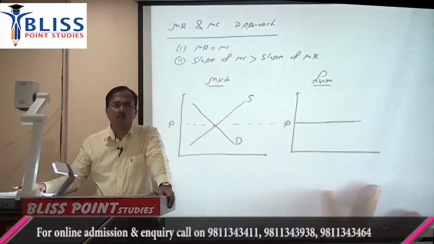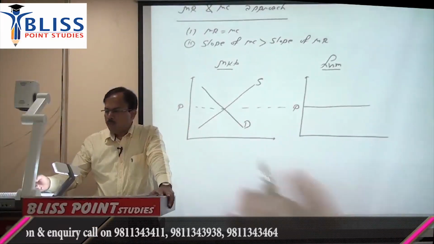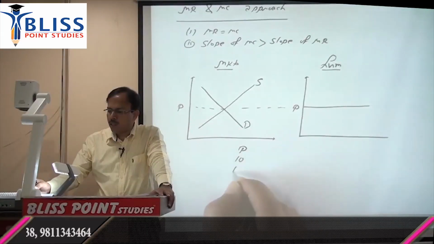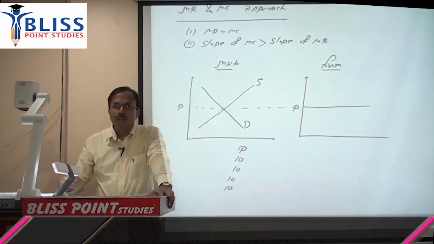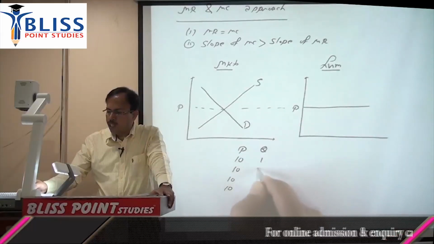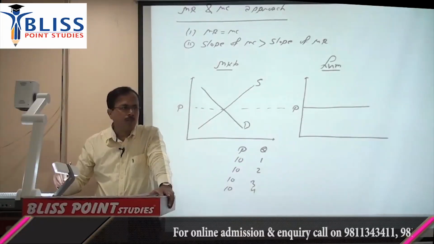The value of P becomes constant for one firm. Simple example: suppose price is constant at 10, and at price 10 the firm can sell quantity 1 unit, 2 units, 3 units or 4 units.